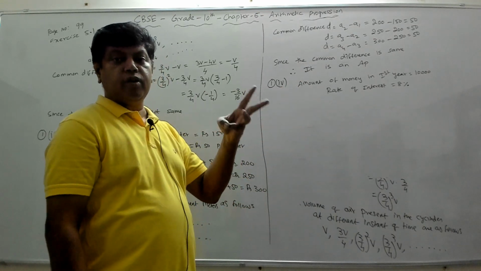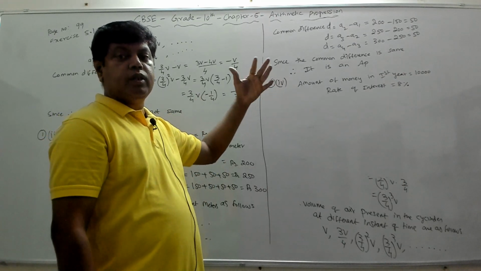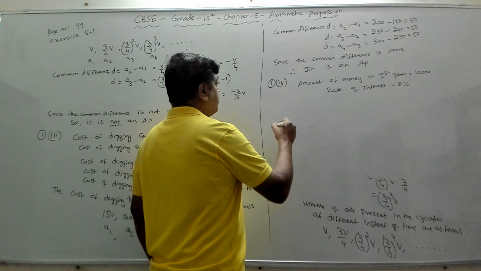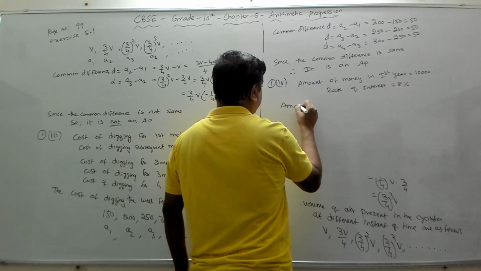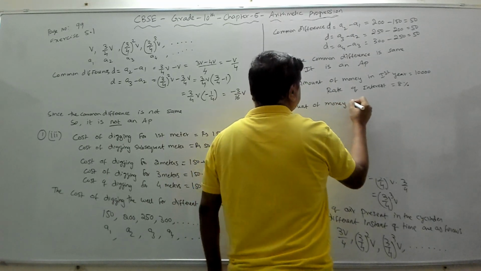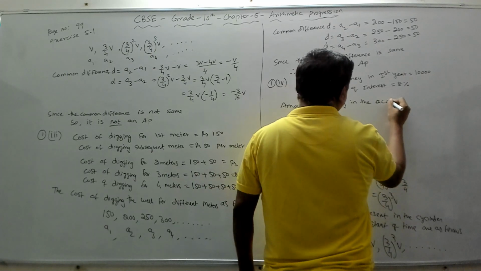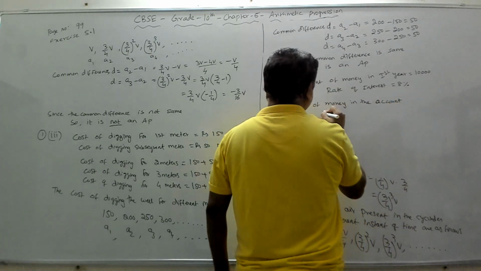Then in second year, third year and fourth year. Let's calculate the amount of money in the account in the second year.